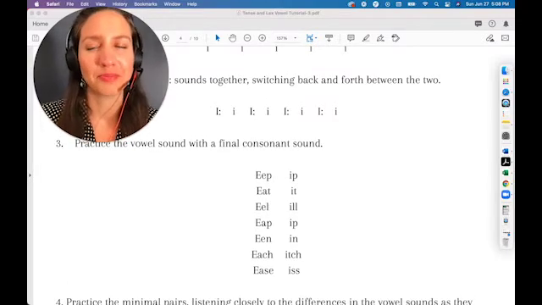Number 3. Practice the vowel sound with a final consonant sound.